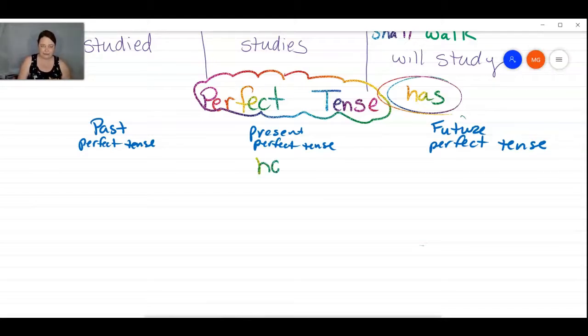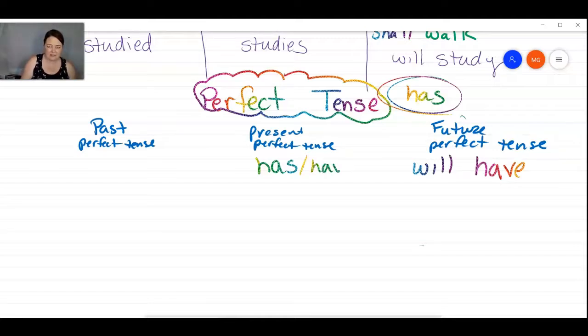Has. Has is present. Has is the present tense. Future, she will have. Will have. I think have can also be here.